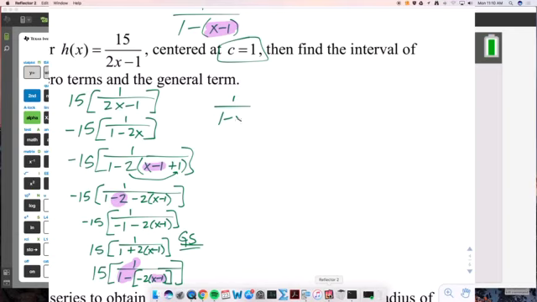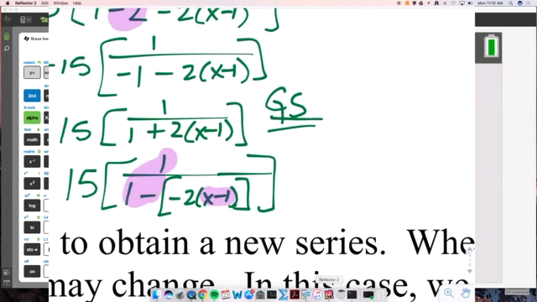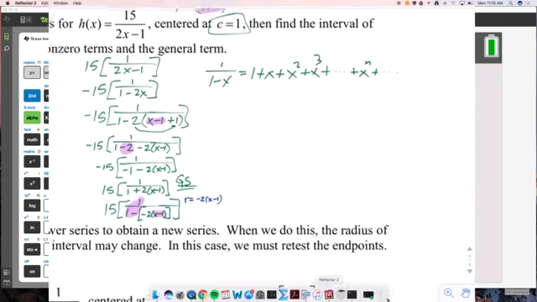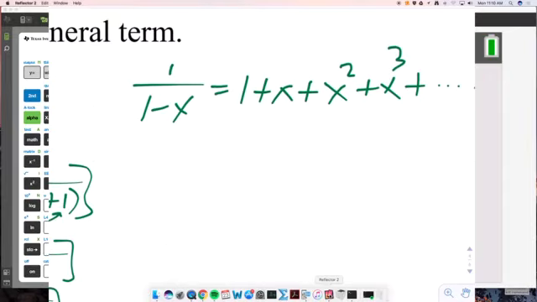I start with 1 over 1 minus x, which is 1 plus x plus x squared plus x cubed plus yada, yada, yada, plus x to the n plus yada, yada, yada. Don't forget the ellipsis points at the end. And now I will build it by replacing, our r is negative 2 times x minus 1. So if I replace that for x, I get 1 over 1 minus negative 2 times x minus 1.